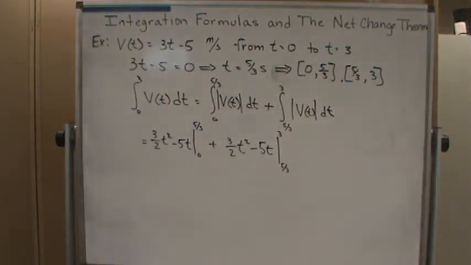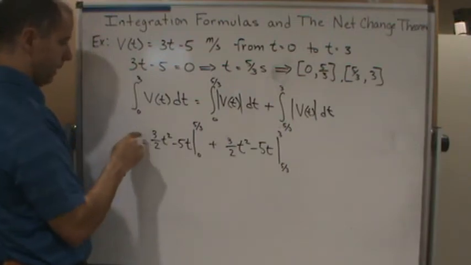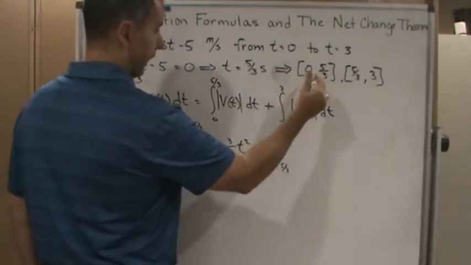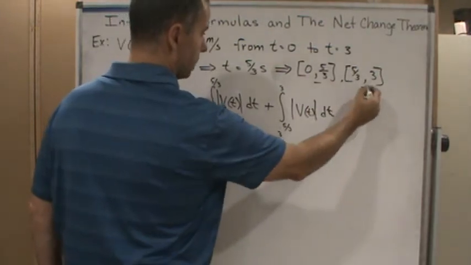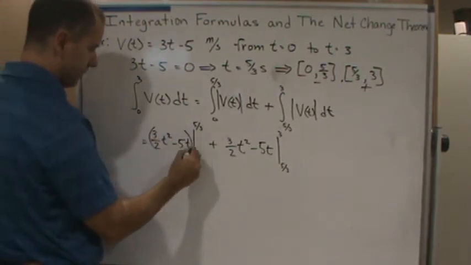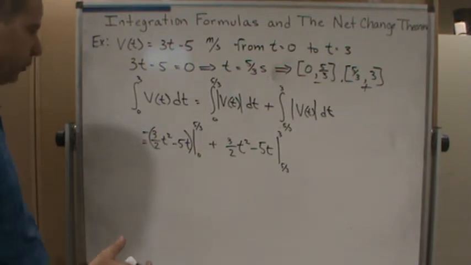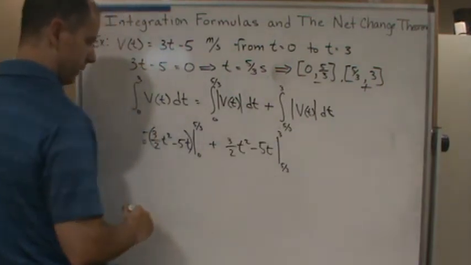Okay, now since it's negative over this interval, it's negative over this interval, positive over this. Since it's negative over this interval, I'm going to take the negative of this thing. Because I need to take the absolute value, and it's positive over this interval, so I don't have to do anything to that.